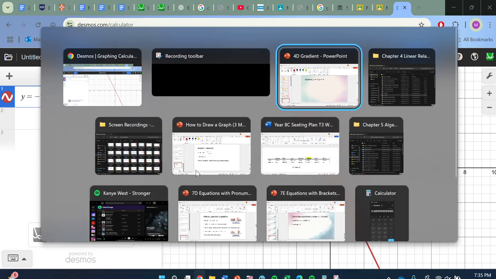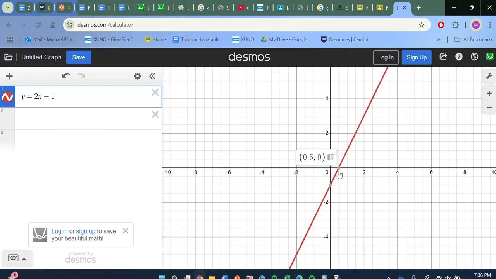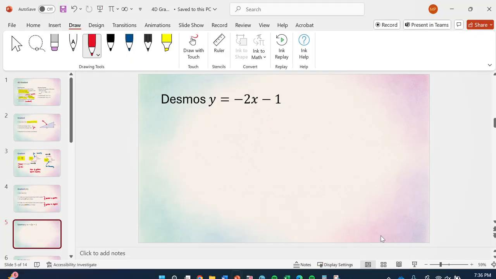Let's double check that's what we're doing. Negative 2x minus 1. As you can see, I have a negative gradient right here, negative 2. And we can tell by going from left to right, my y values keep going down and down and down. Now, let's change it to a positive 2. As you can see, my direction changes. It is now going upwards every time I move from left to right. Okay. So that's what you need to know most importantly.